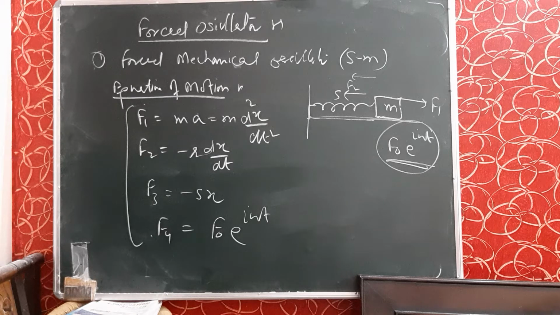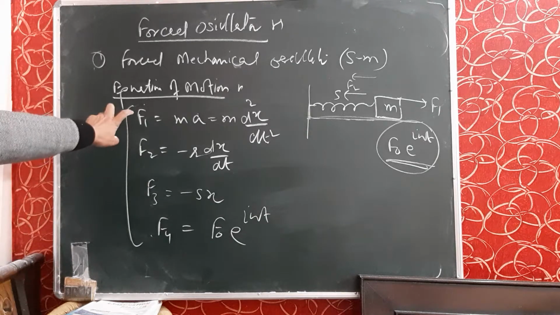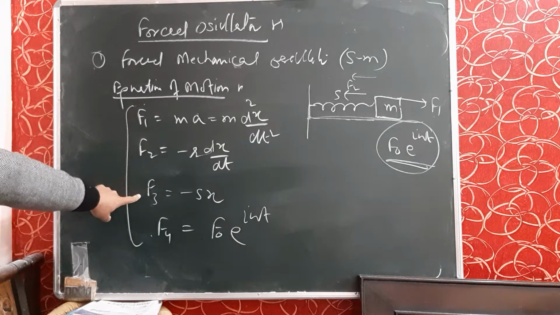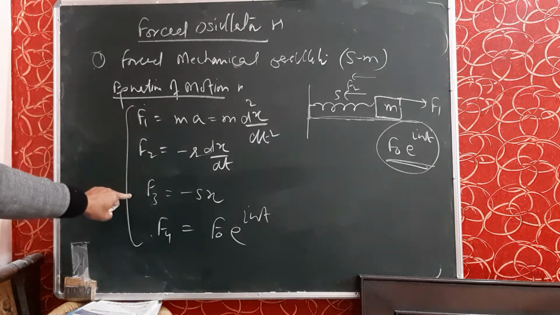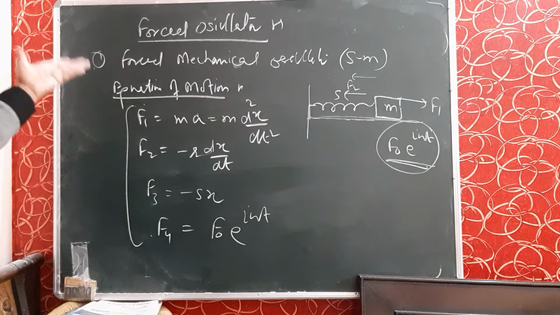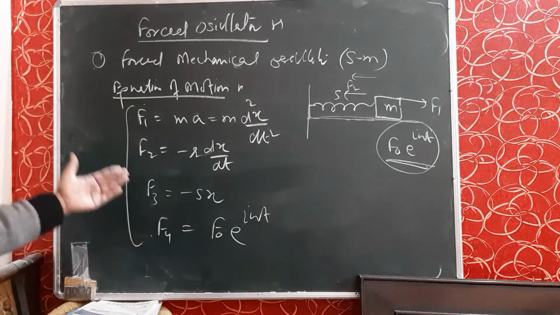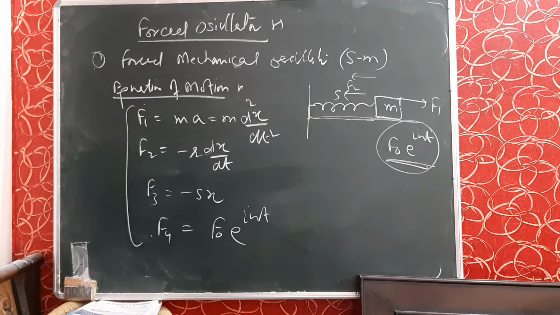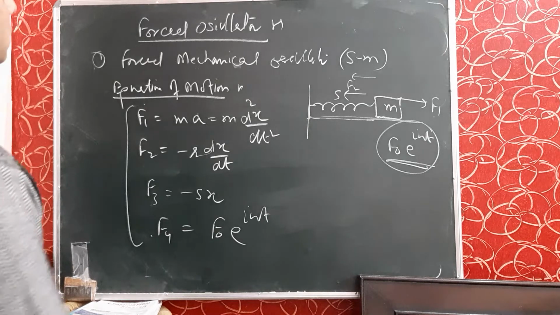You know that in our first chapter we made the equation by two forces, that is first deforming and third one restoring. In damped oscillator there are three forces, F1, F2, F3. Now in forced oscillator there are four forces. So one more force is added in the subsequent manner.